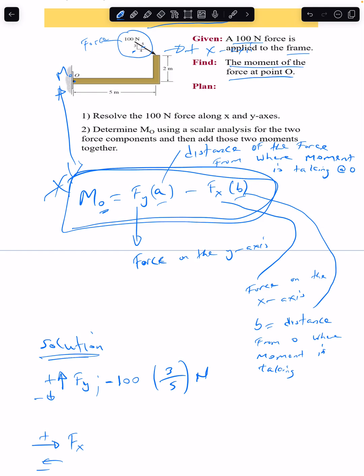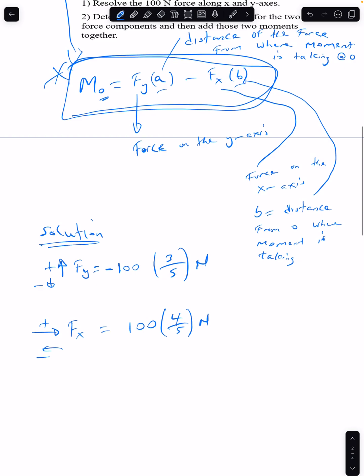So I have the force of 100 Newton times, along the x direction, 4 over 5, and that force is measured in Newton.